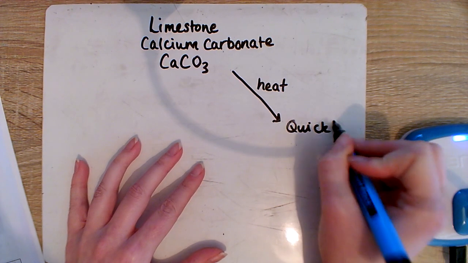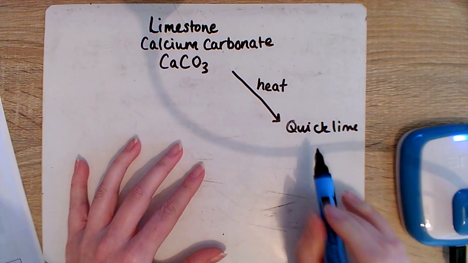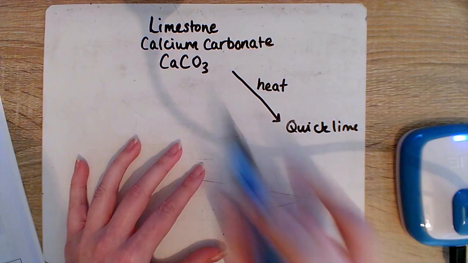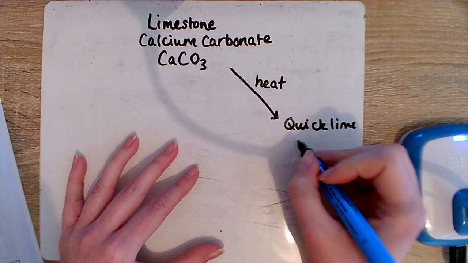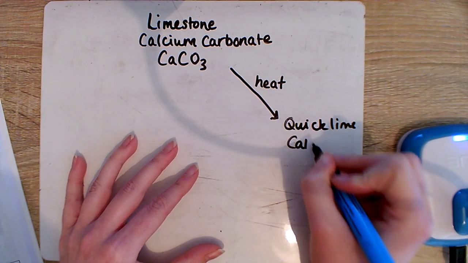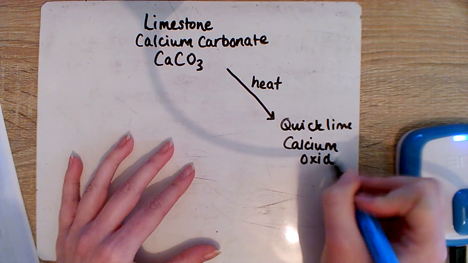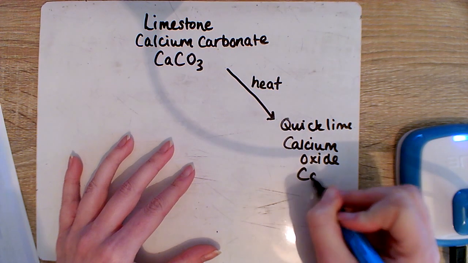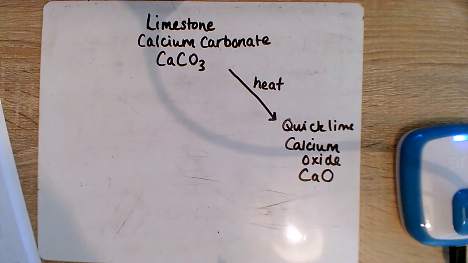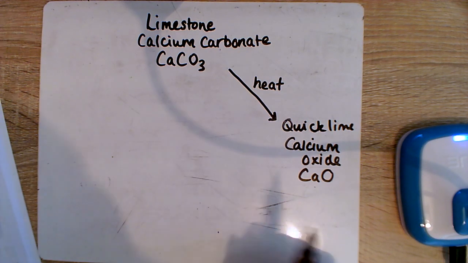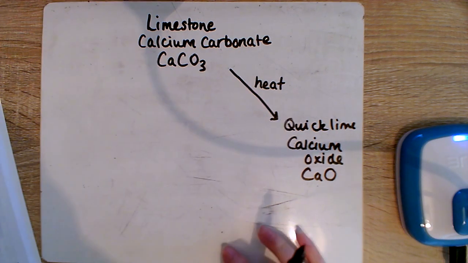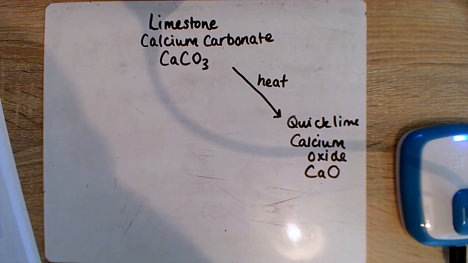And quicklime, again, is the more common name for the chemical, a bit like limestone, which is calcium oxide. And the formula for calcium oxide is CaO. Nice and simple formula there. So we heat it up, we break it down by thermal decomposition, and we produce this compound called quicklime.